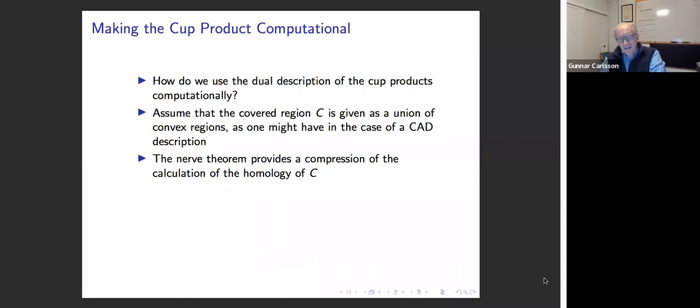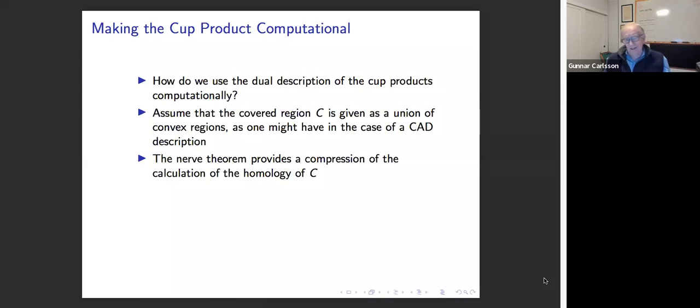And the thing is this, that when it's given in that form, since the sets are convex, it means that all the intersections are empty or convex themselves and therefore contractible. And so the nerve theorem provides a compression of the calculation of the homology of C. In other words, my covered region is just an infinite set of points, which I could think about computing in the abstract way.